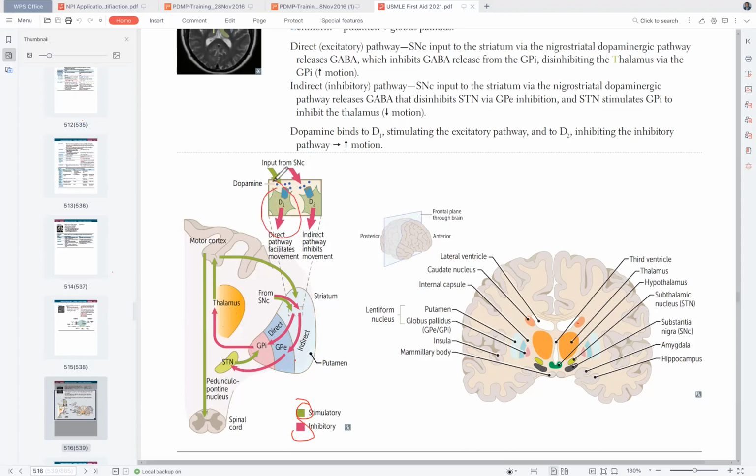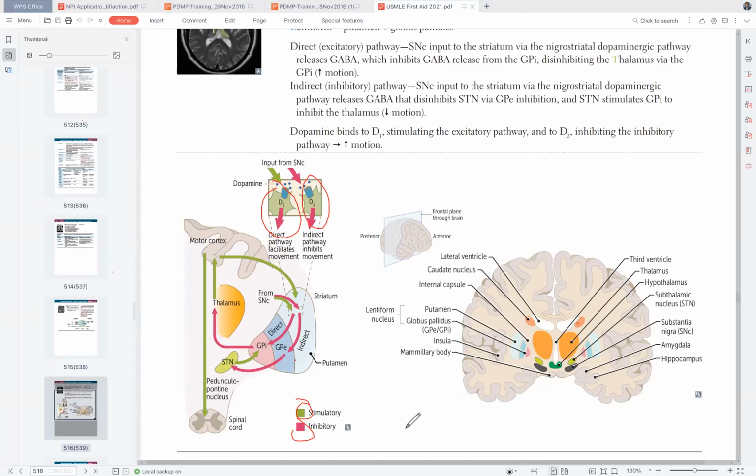D1s are always stimulatory and D2s are inhibitory. These are the receptors. If dopamine acts on D1, it's going to stimulate the pathway. If dopamine acts on D2, it's going to inhibit the pathway, right? And then D1 will be for the direct pathway, D2 will be for the indirect pathway.